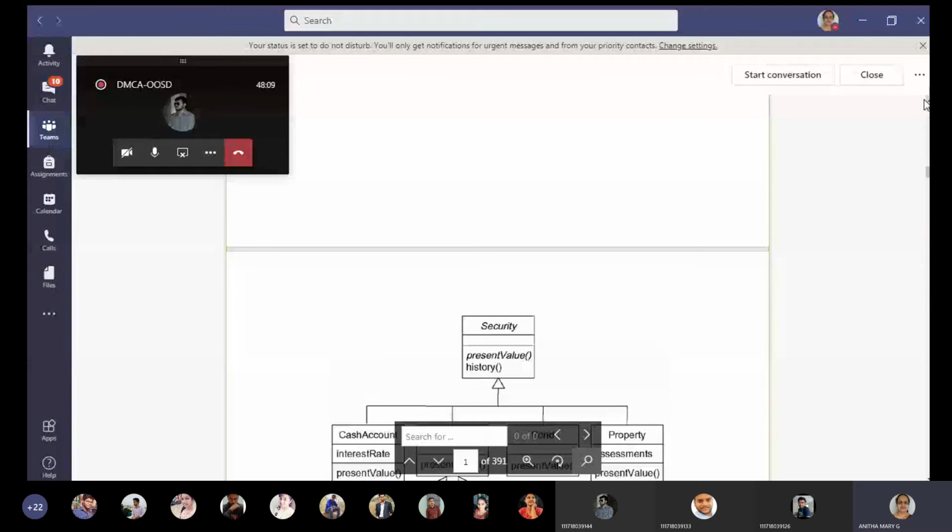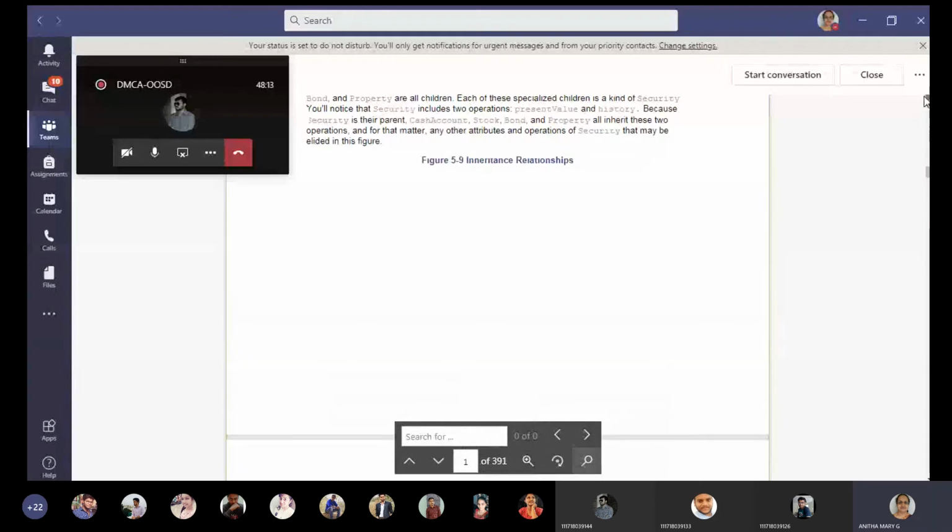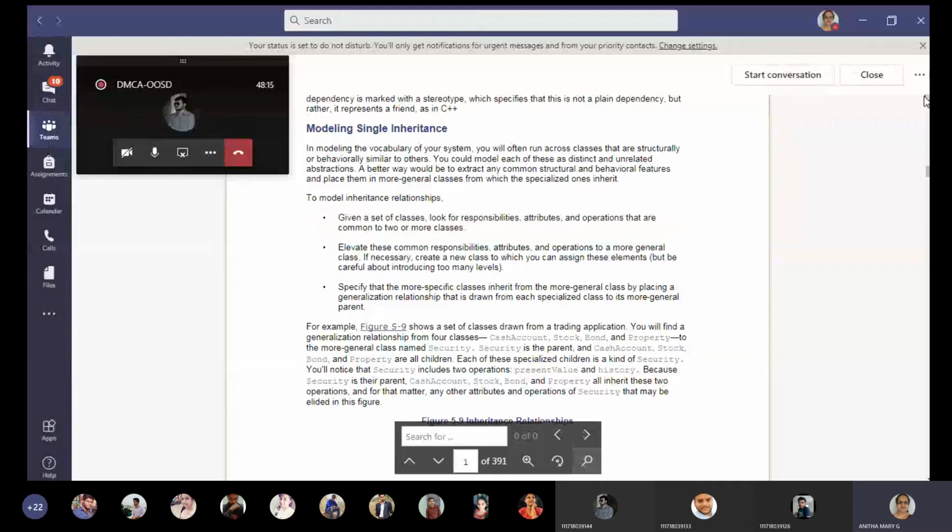When we were learning about terms and concepts, we learnt the example of shape and different shapes. Here they have given an example of the relationship among four classes. The example is a trading application. In a trading application, they have identified four classes: cash account, stock, bond, property, and security.